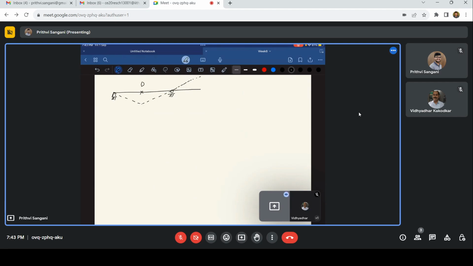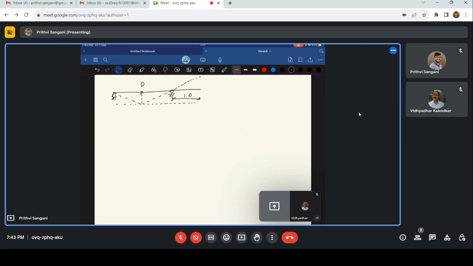This is D. Like I said, I need to rotate it by unity, right? So first, how much is this? This is 1 meter. All right.